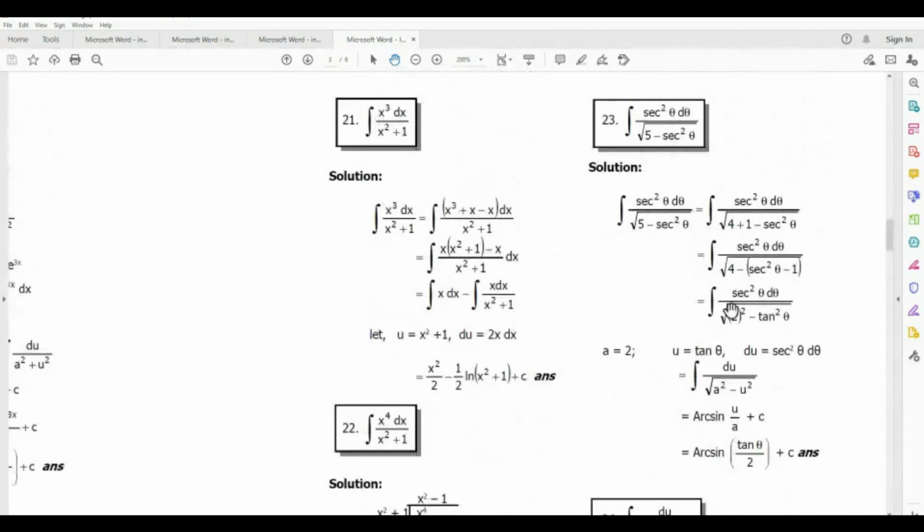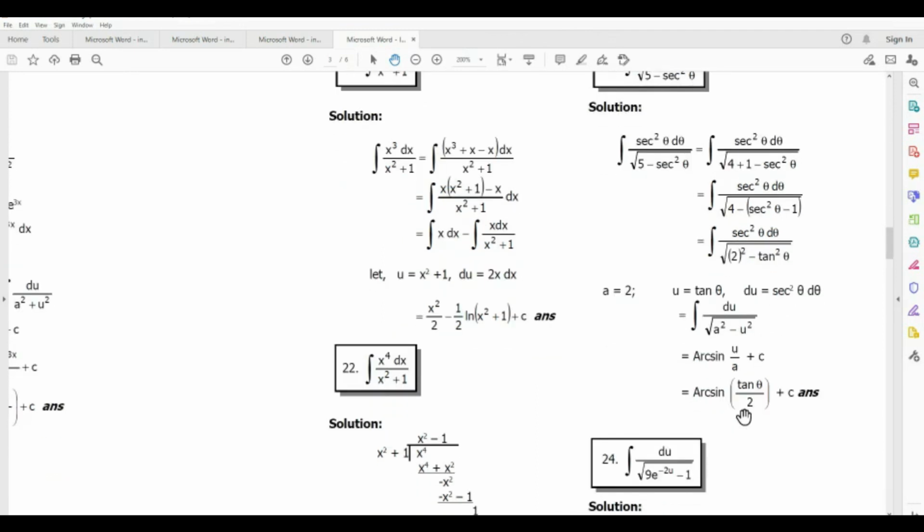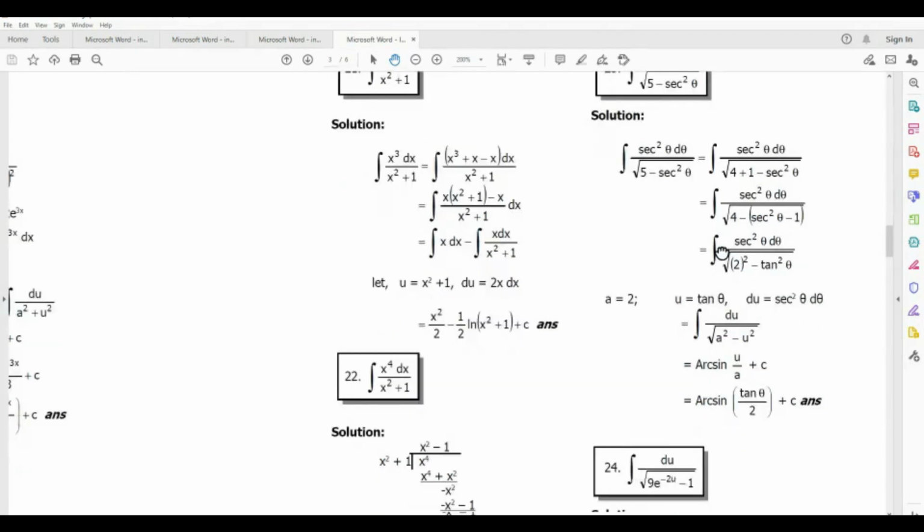Then ito, marami pa. Ito, secant squared. So, paano ginawa? Kinonvert itong secant squared sa tangent. Then, yung tangent becomes u. Then, yung a mo is 2. Derivative ng tangent is secant squared d theta. Yun. So, naging arctan. Okay, so, yan.